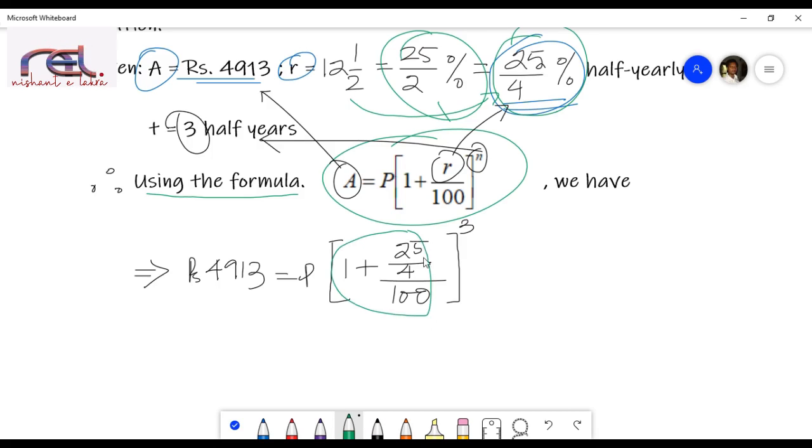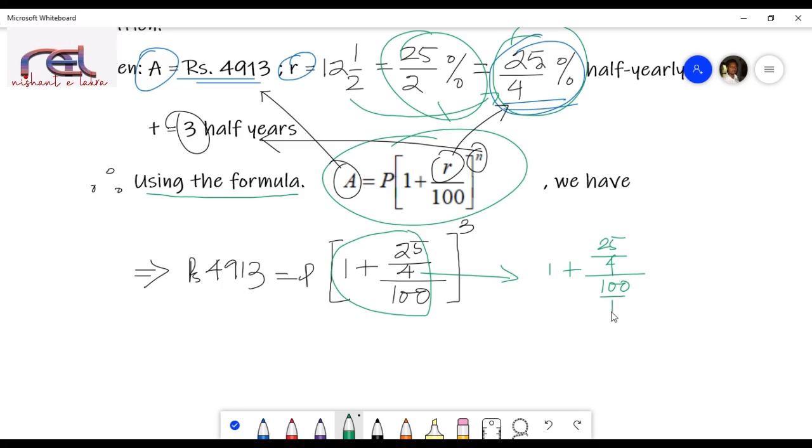Let me explain how we can solve the part which is given in the bracket, the fraction that is in the bracket. 1 plus 25 by 4 divided by 100.